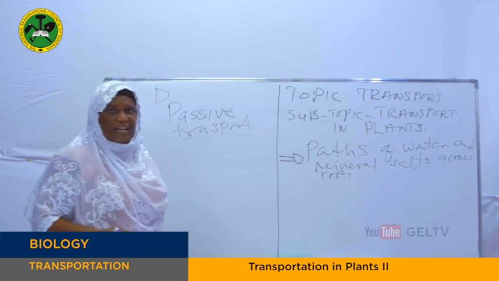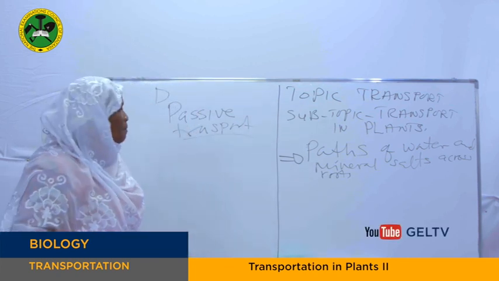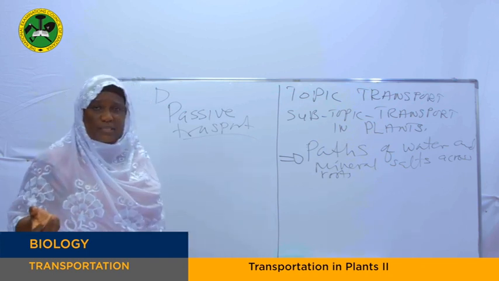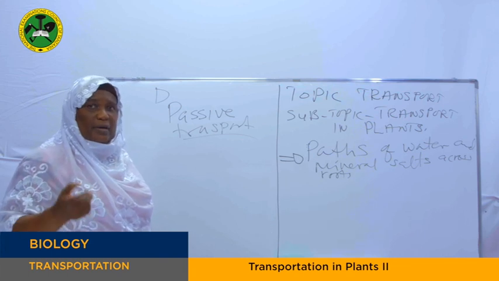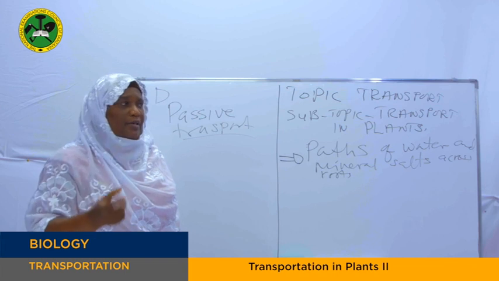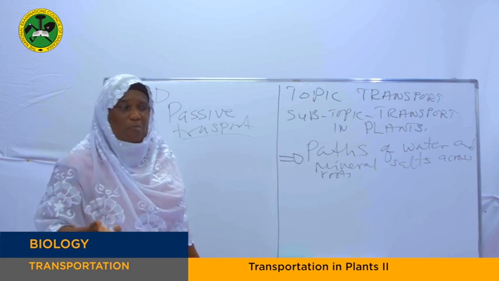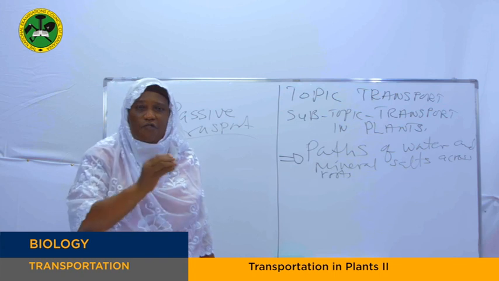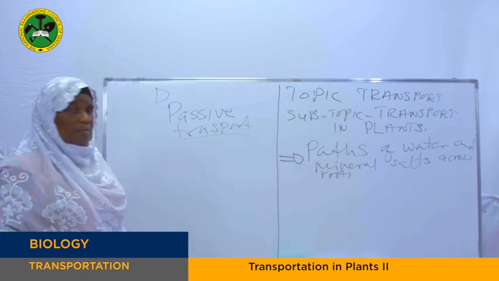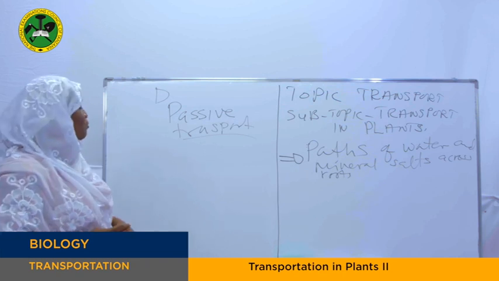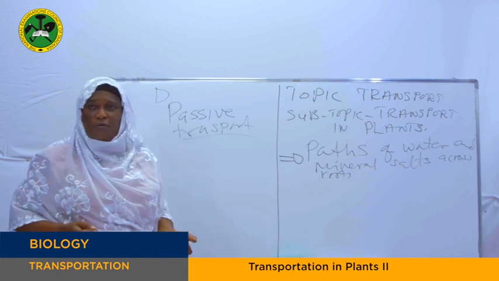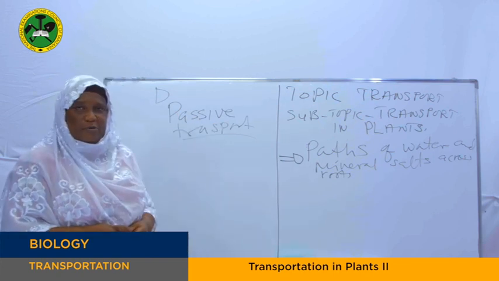Passive transport. Mind you that we saw the vascular tissues and we said that for the case of higher organisms, they should have the transport system which will enable materials to be transported from one point to another. For that case, materials cannot move without having these two, that is passive transport or active transport.